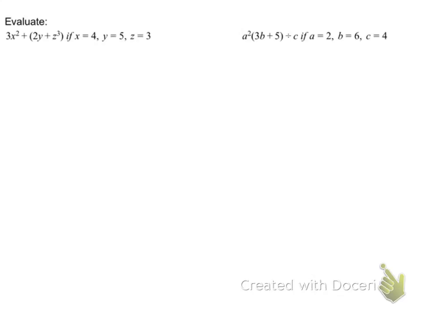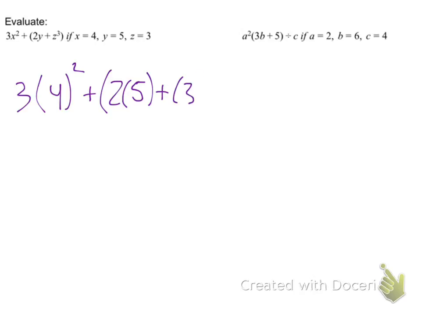So what we need to see is 3 times 4 squared plus the quantity 2 times 5 plus 3 to the third power, and end the parentheses. Yes, multiple parentheses. If you have to, use brackets to change those up.